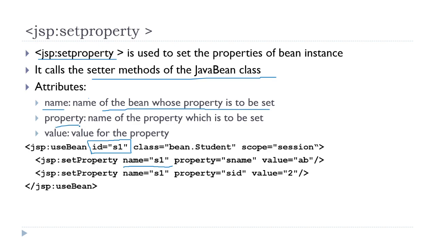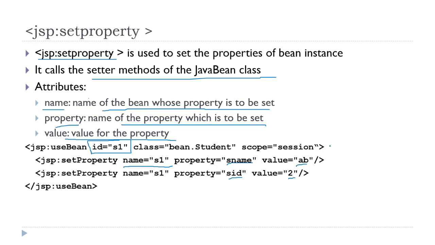Then in the property attribute, we specify the attribute or data member name which needs to be set, which in our case can be either sname or sid. And then the value that we want to pass to the property. So the value AB and the value 2 will be passed to the setSname and setSid methods respectively.